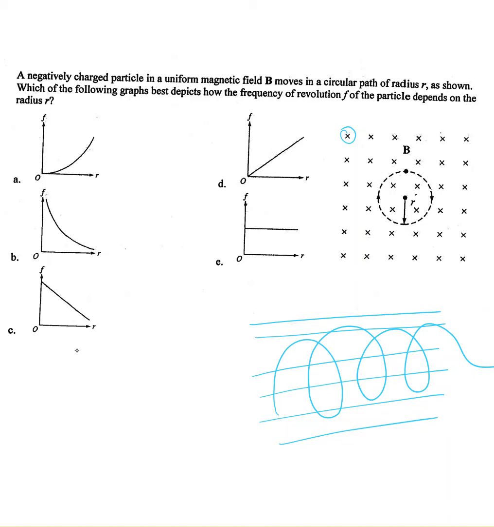The force on this must be F equal to qvB, where B is the magnetic field, q is the charge, v is the velocity, how fast it is moving. Since it is moving in a circular path, I can say this is mass times acceleration, mv squared over r, where v is the velocity, r is the radius.